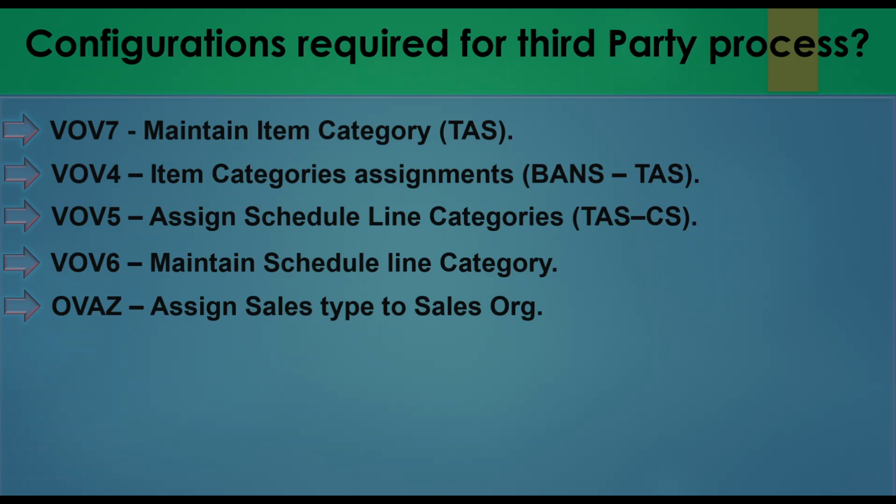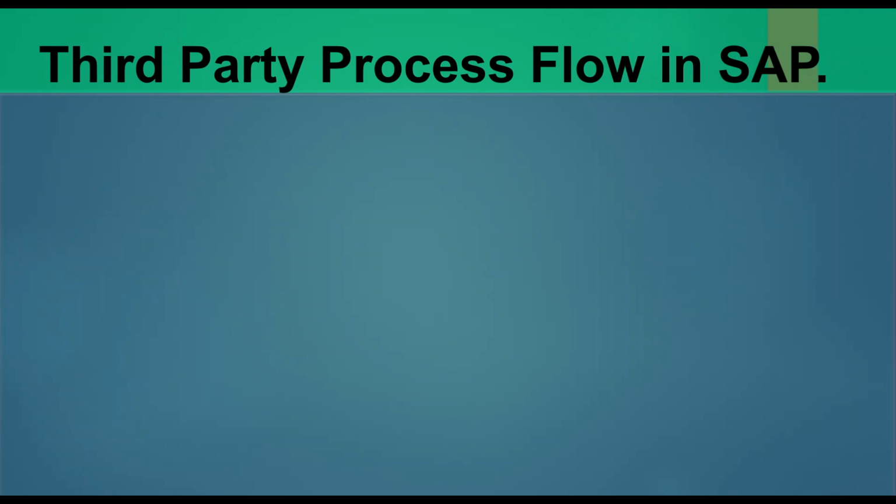Then once you are done with this configuration, we will see with the process flow how exactly third party works. So there are a few prerequisites that we should maintain before starting with this procedure. We must have one customer, one vendor, and one material master data, so you can check in my previous video how to create vendor master or material master.